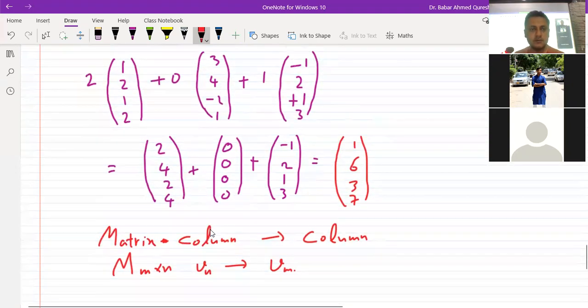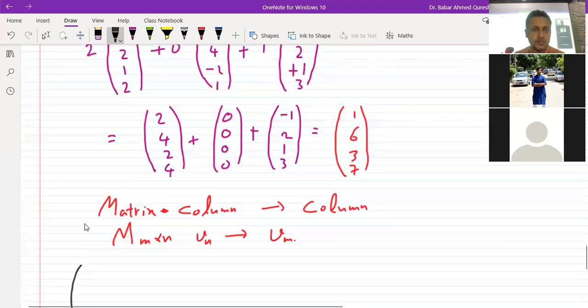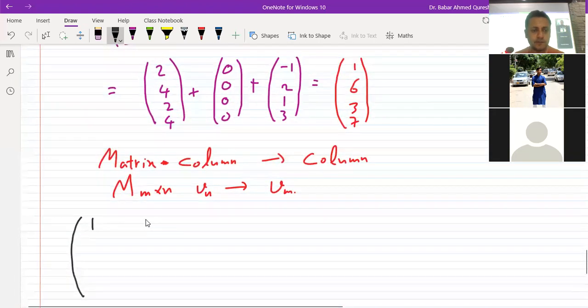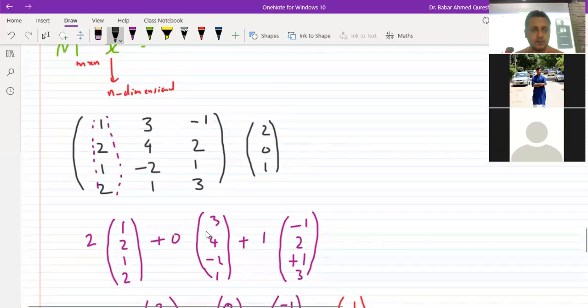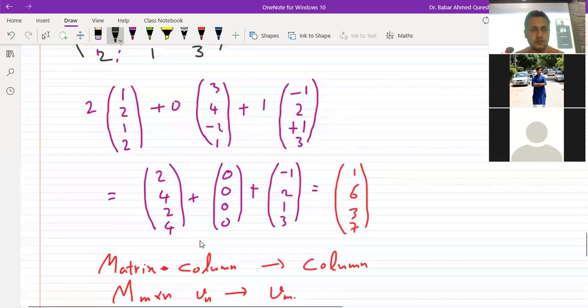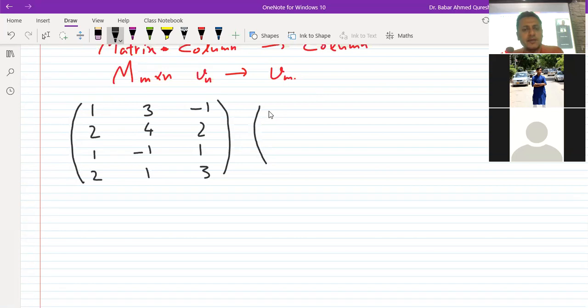And that is quite useful because if I take the same example, the matrix with rows 1 3 minus 1, 2 4 2, 1 minus 2 1, and 2 1 3, and this time I do not multiply them with some specific numbers but by some unknown numbers.